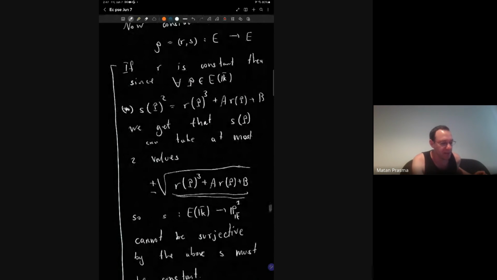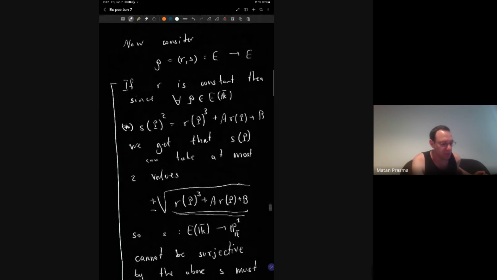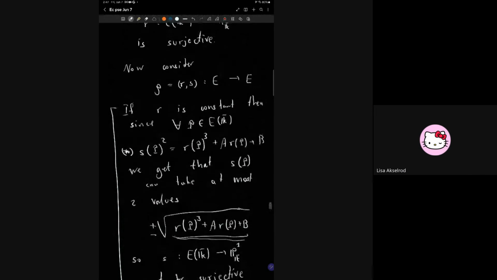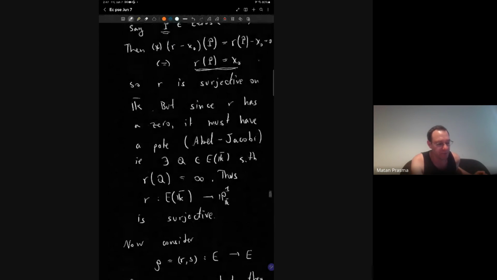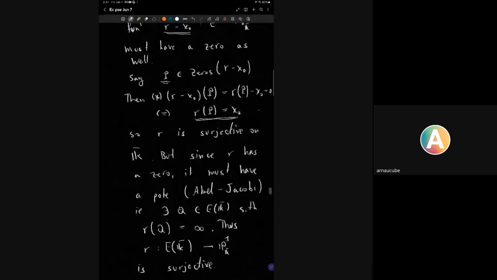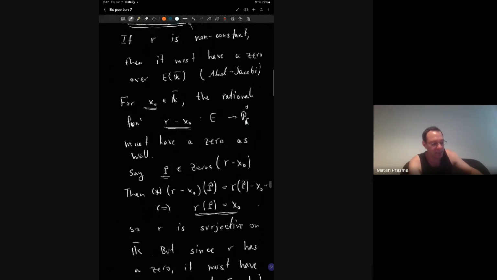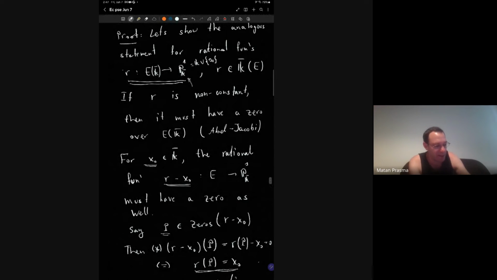Do you understand the first part? The first part? Yes. Arnaud, do you understand the first part of the proof? I think, yeah. The first part is just saying that every rational function on E is either constant or surjective. Okay? Right.